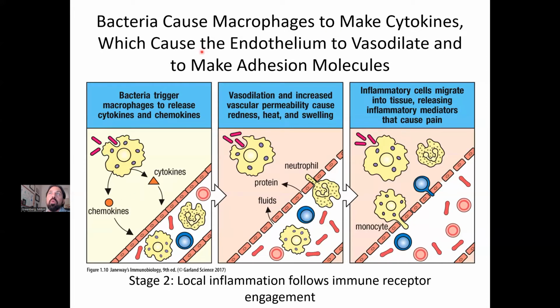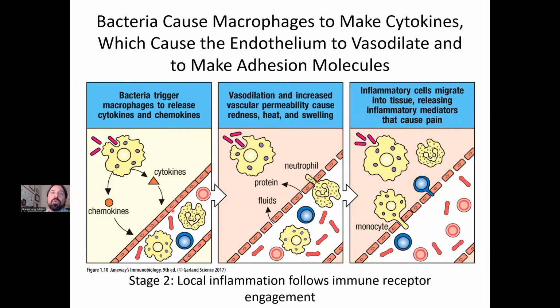These cytokines will cause the endothelium to vasodilate and make adhesion molecules. Essentially, these cytokines are going to bind to cytokine receptors on the local vasculature, the local endothelium, and that's going to change the transcriptional state of the endothelium.